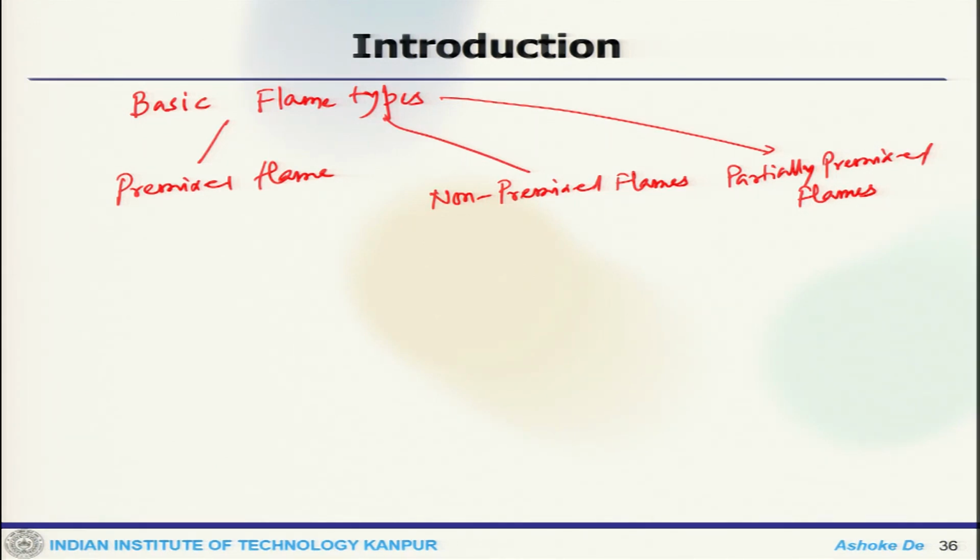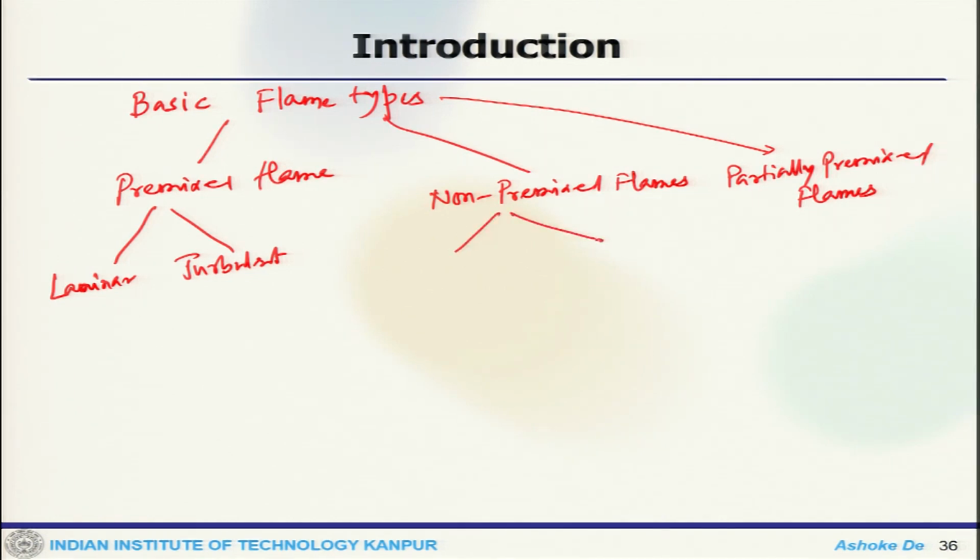Now, depending on the situation, whether the fluid dynamical behavior is quite nice, the premixed flame can be of two types. One could be laminar, or otherwise it could be turbulent. Similarly, this is also the case for the other two flames.